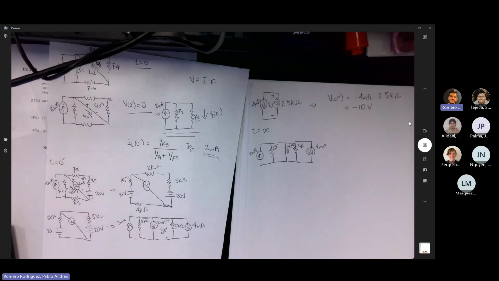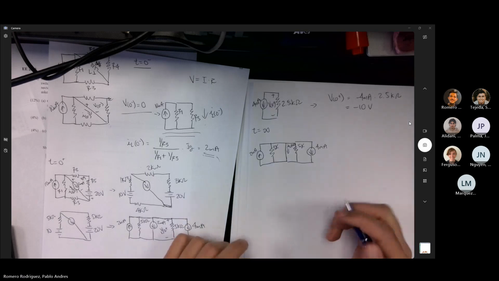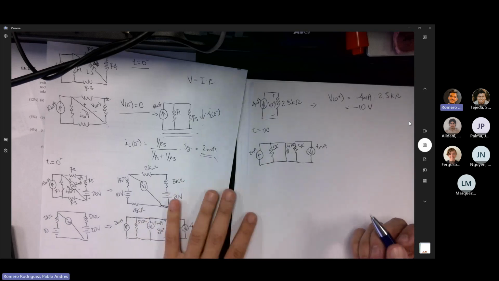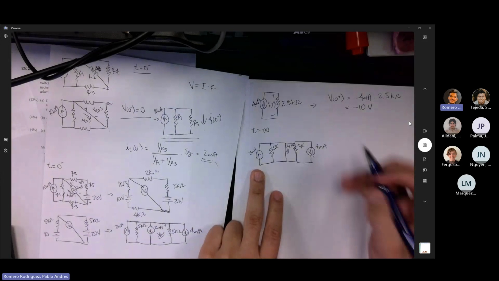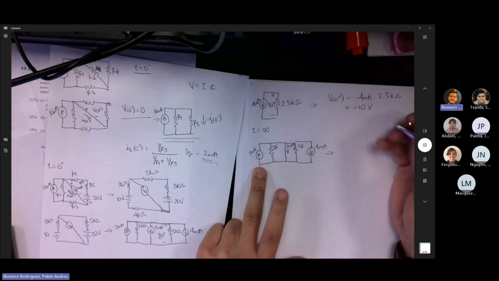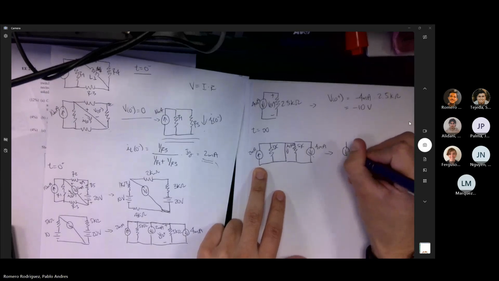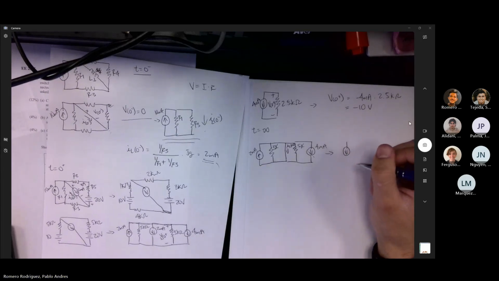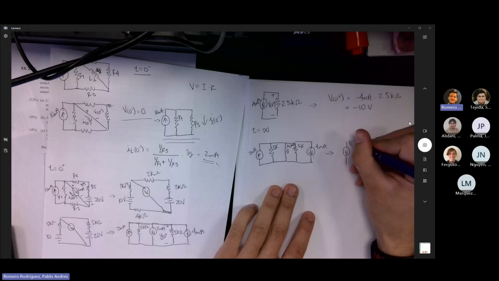Right? So what does this tell me? What do you guys think? I can simplify this into just 3 branches, right? If I add these two, I'm going to get -2 or 2 going down, right? Yep. 2 milliamps going down.